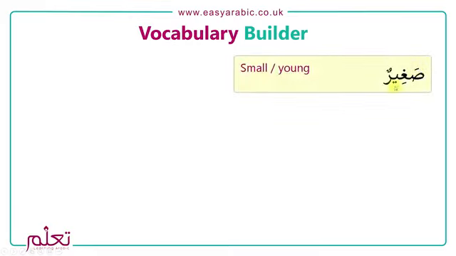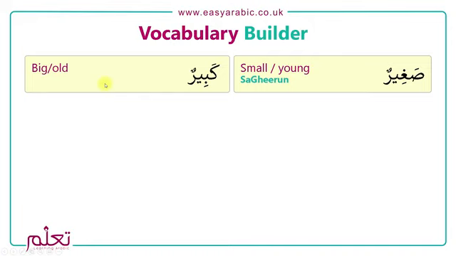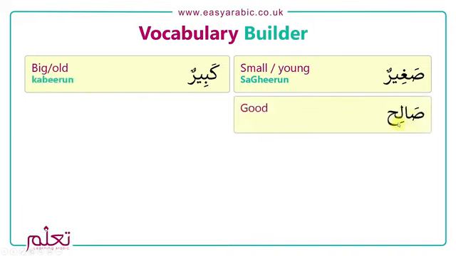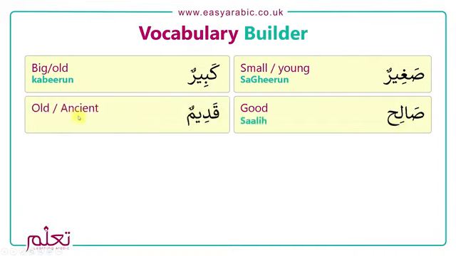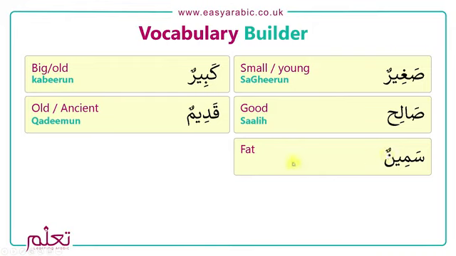The first one is saghirun, which is small or young, which we've covered before. Then we have kabirun, which is big or old. Then salihun, which is good. Then qadimun, which is old or ancient. Then saminun, which is fat.